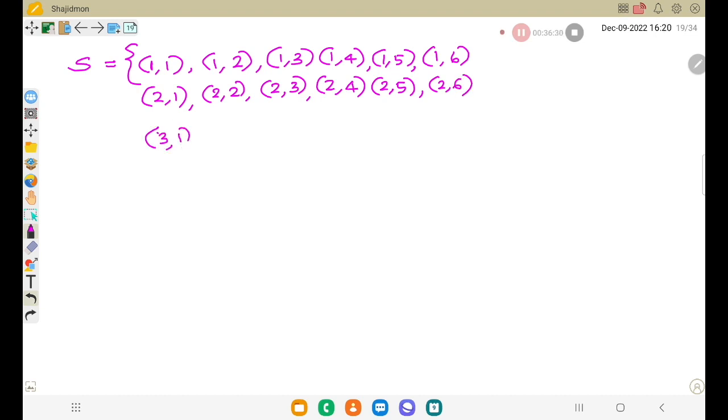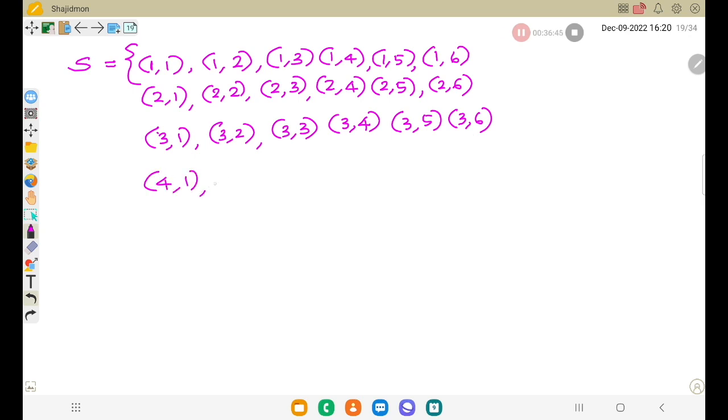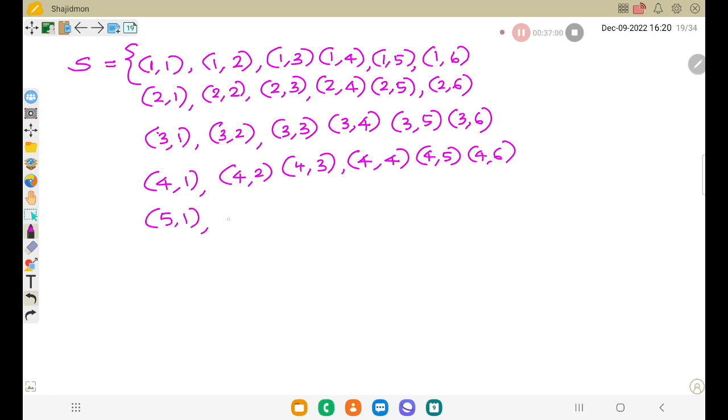Same way 3,1, 3,2, 3,3, 3,4, 3,5 and 3,6. Now 4,1, 4,2, 4,3, 4,4, 4,5, 4,6. Then 5,1, 5,2, 5,3, 5,4, 5,5 and 5,6.